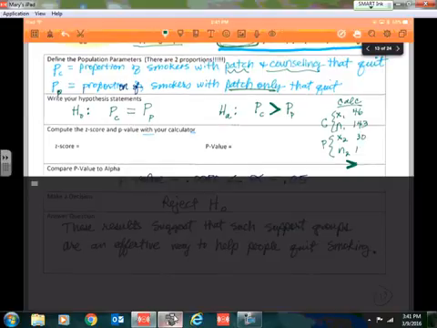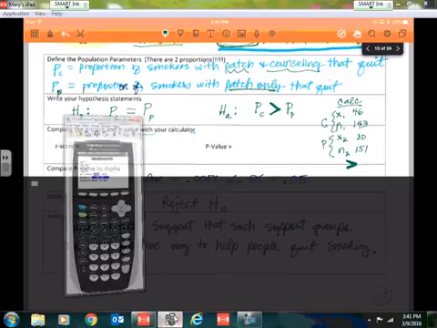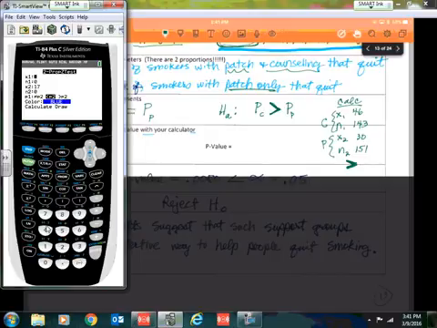So 30 and 151. On my calculator, I'm going to put those numbers in: 46 of the 143, 30 of the 151.